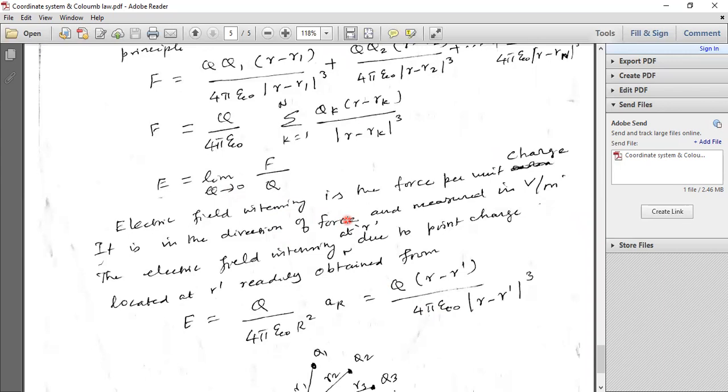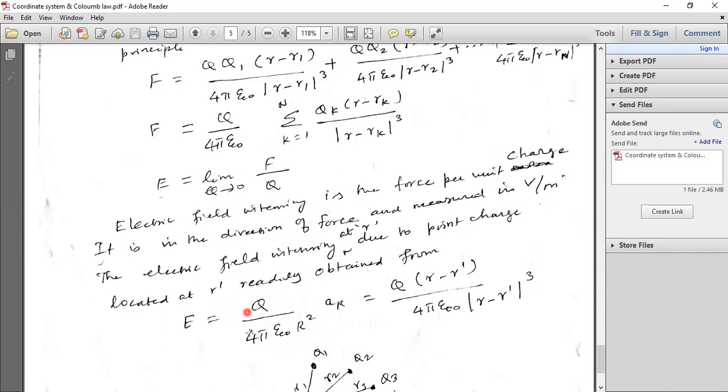Electric field intensity due to static or point charges can be written like this: E is equal to Q by 4 pi epsilon naught R square aR.